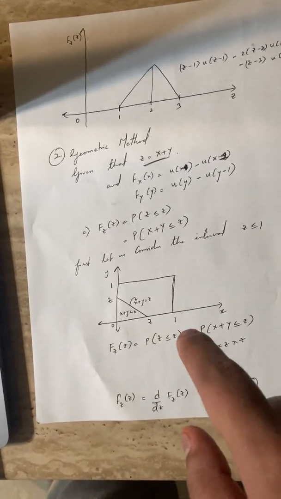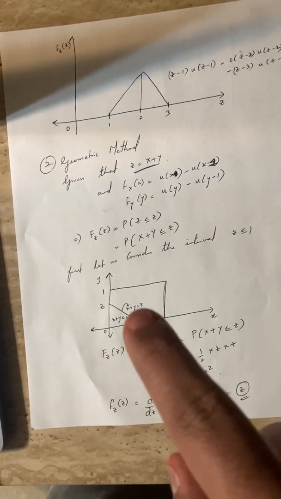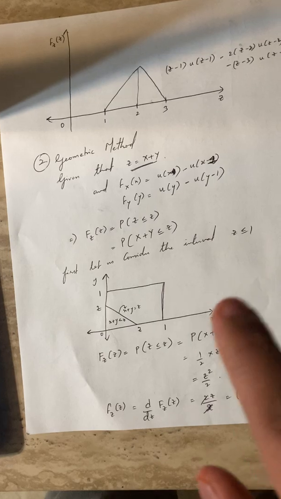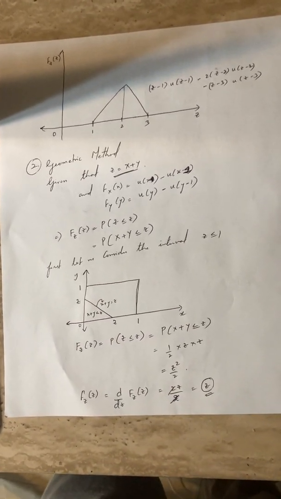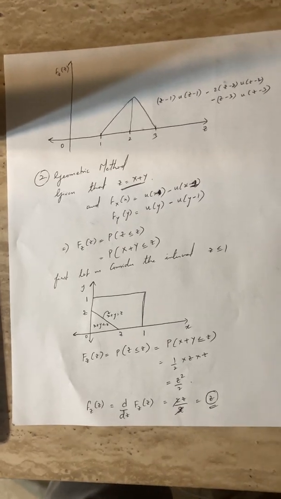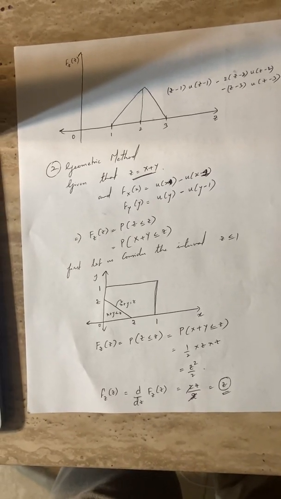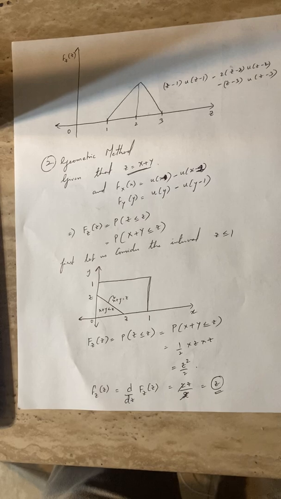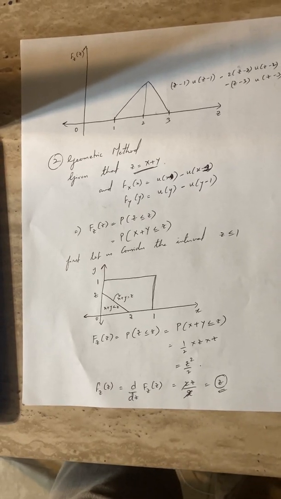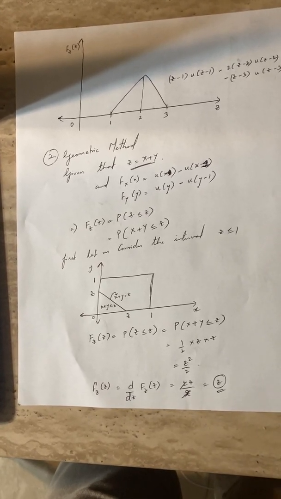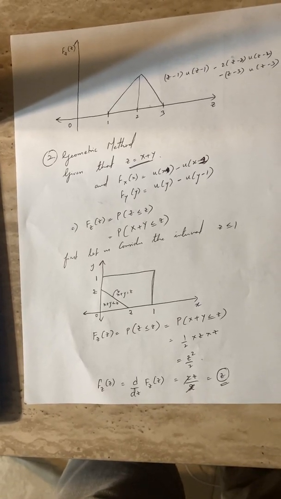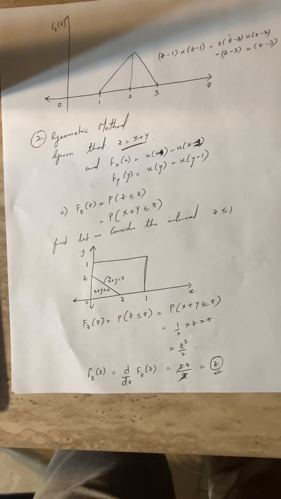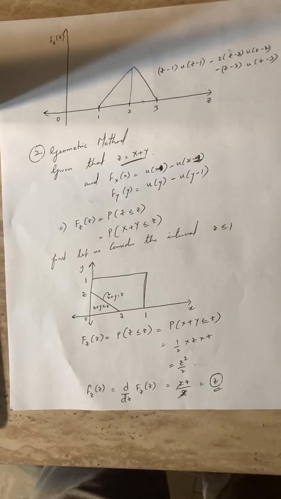For z less than or equal to 1, I've drawn the triangle x plus y less than z, with x plus y equal to z, and I've calculated the distribution function first, as the probability that the random variable Z is less than or equal to small z, and then the density function later.